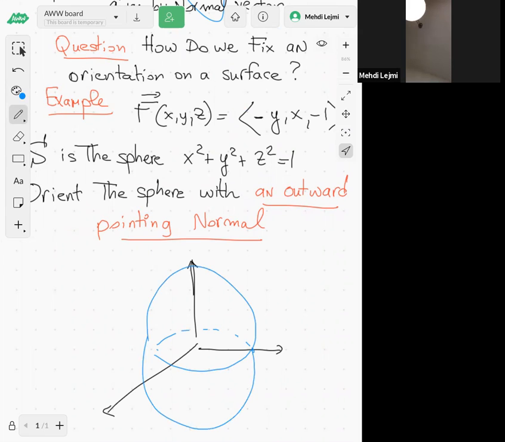The orientation is given by the outward pointing normal, which means the normal vector must be outward, so it has this direction here. So I need to make sure that the orientation induced by the parametrization is actually given by the outward pointing normal.